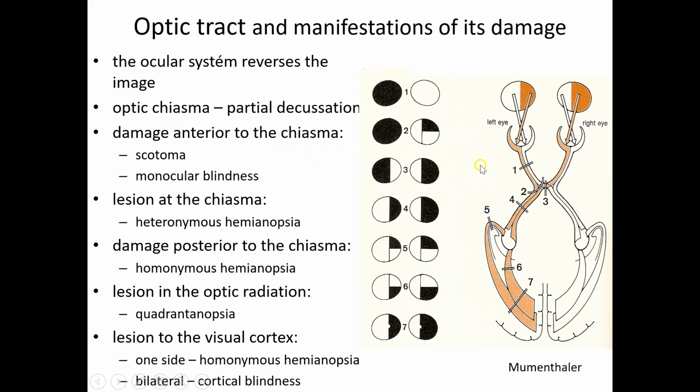Here you can see 1 and 2. This is the optic chiasma. Any damage anterior to this will always produce either a scotoma or small deficit or monocular blindness like this. This is monocular blindness as well, along with the superior scotoma here. So any damage anterior to the optic chiasma will produce what? Monocular blindness or scotoma.